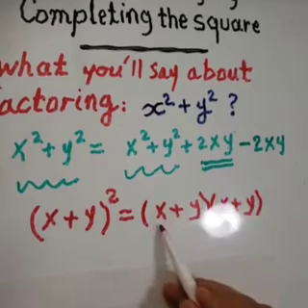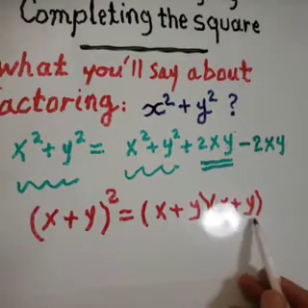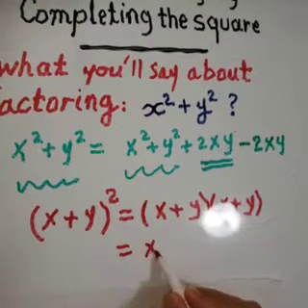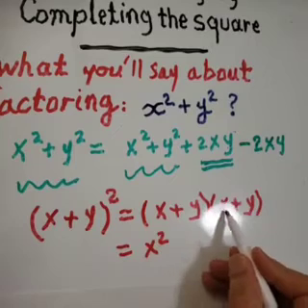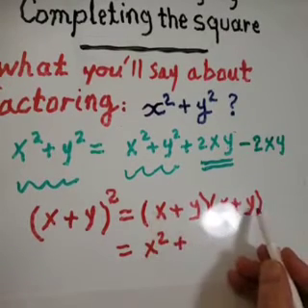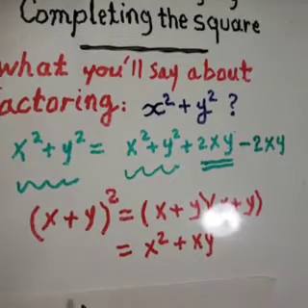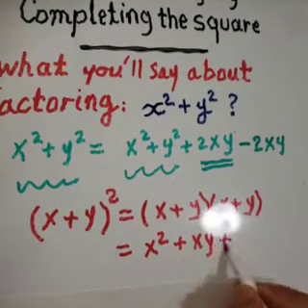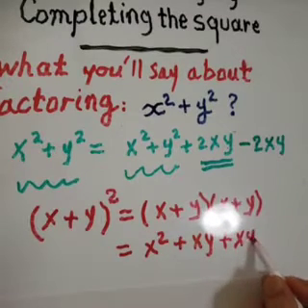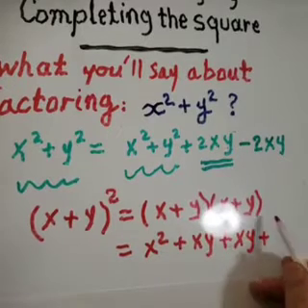When you multiply those two factors together, you will get x squared, x by x; then x by y, that means xy; then y times x, that means xy again; then y times y, that means y squared.